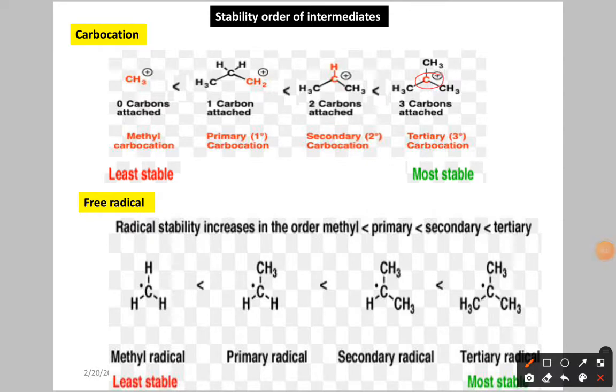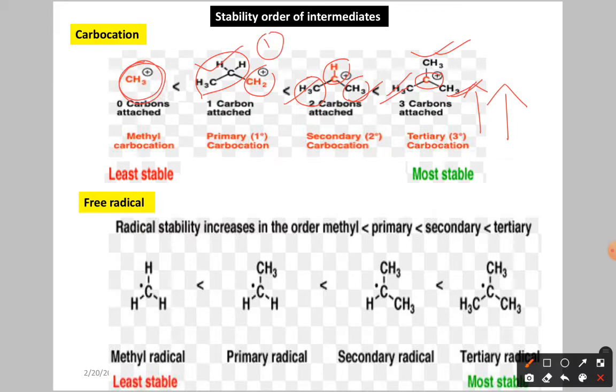Around this carbon we have 3 donating groups. Here we have only 2 donating groups, here only 1 donating group, and here we don't have any donating group. When the number of donating groups increases, stability increases. Because of that, methyl is the least stable, and tertiary carbocation is the most stable, since it has 3 donating groups.